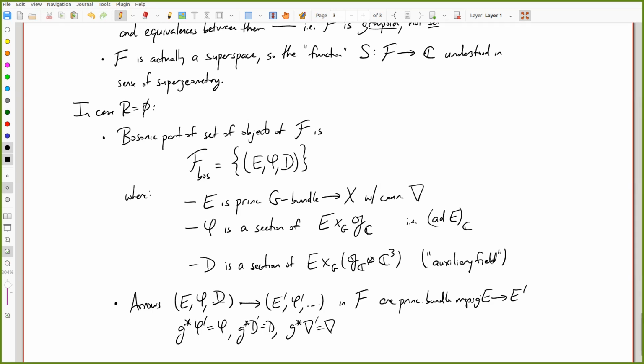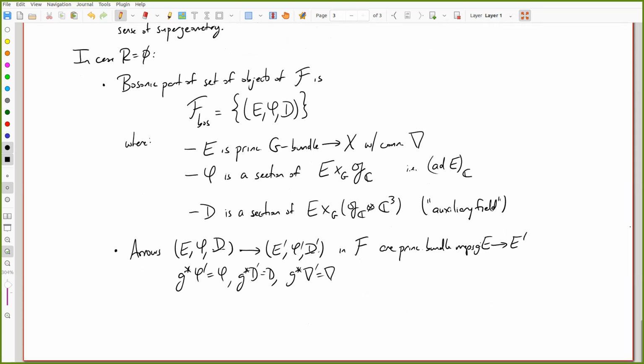That's the natural notion of equivalence here, and we're integrating over all bundles with connection, up to this equivalence.